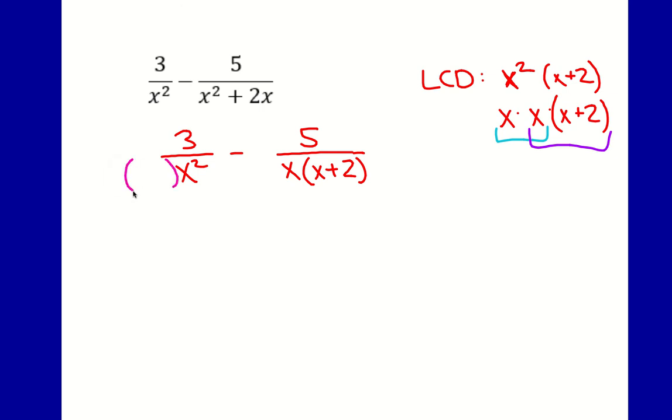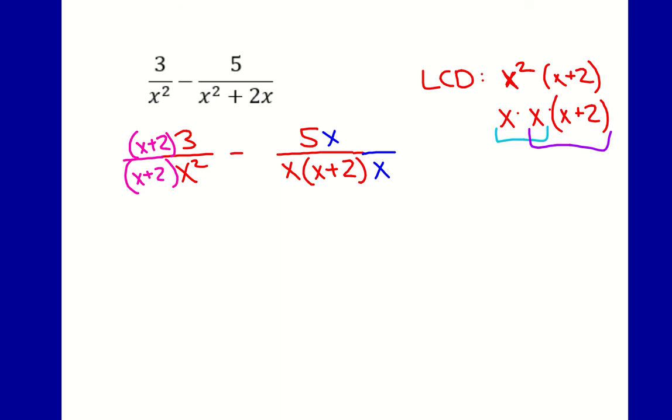The first fraction would need multiplied by x plus 2 over x plus 2. Remember, we're always multiplying by 1 in the form of something over itself, so that we're not changing the value of the expression. The second fraction has x and x plus 2. It just needs another x so that I can get that x squared there. So I'm going to multiply the second fraction by x over x.